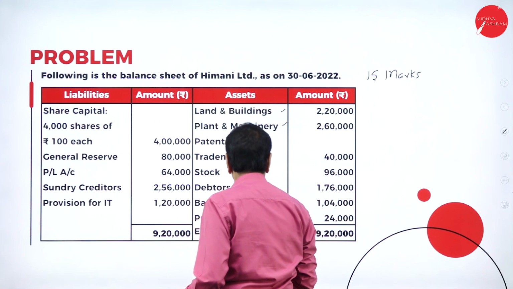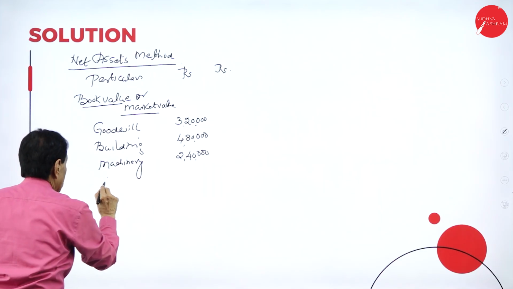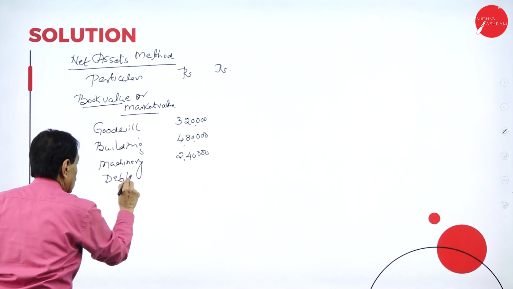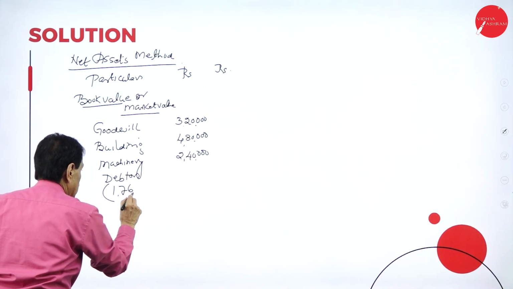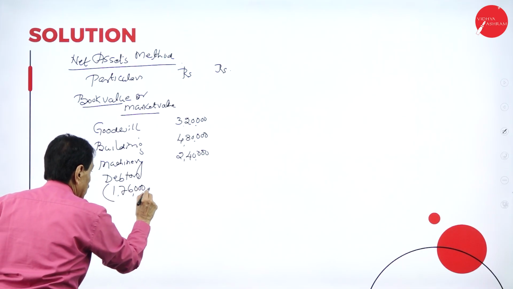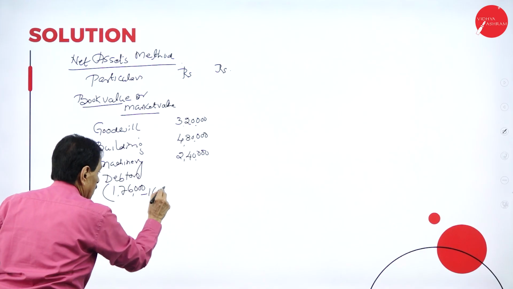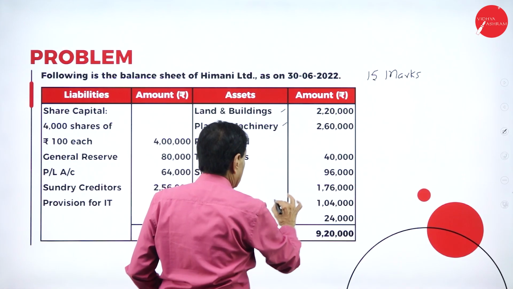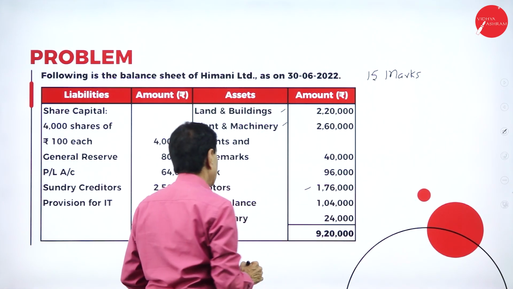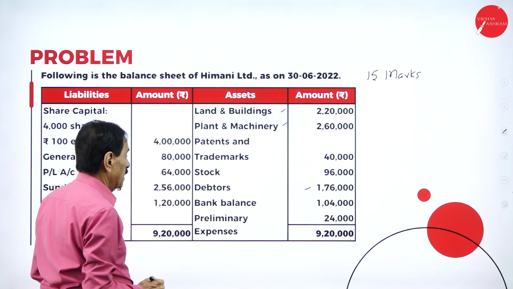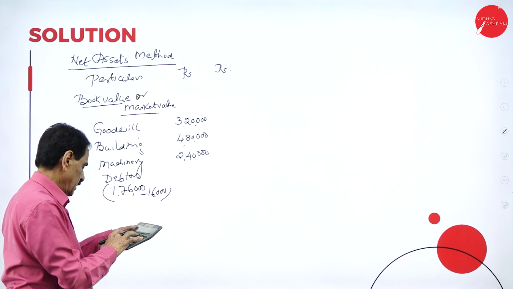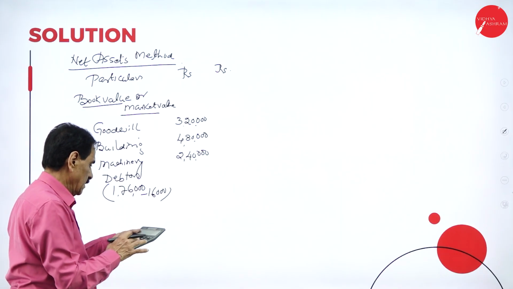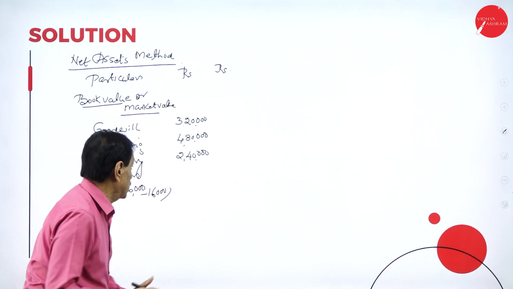Debtors, 1,76,000 minus 16,000. Debtor, this one. 1,76,000 minus 16,000 is 1,60,000.